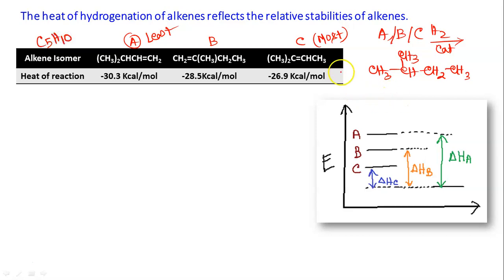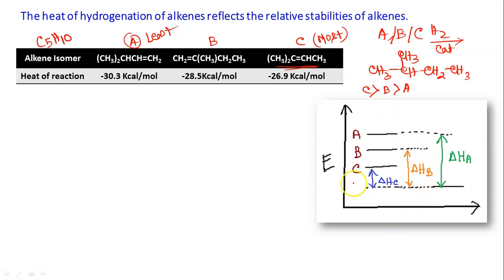So here the most stable alkene is C. If I write the stability order, it is C, then B, then A, because the higher the substitution, the higher the stability. Though there are the same number of carbon and hydrogen atoms, C is the most substituted alkene.